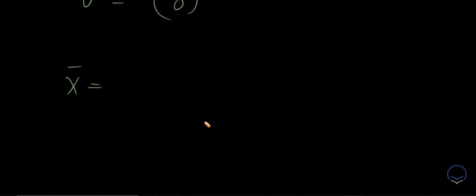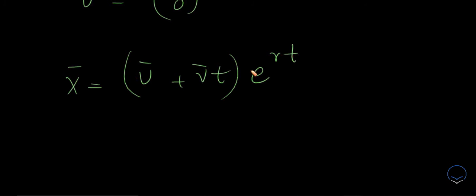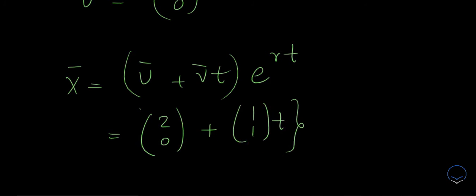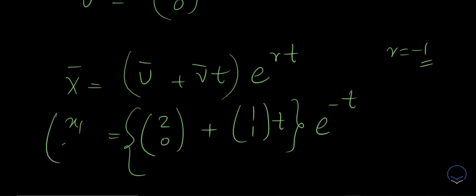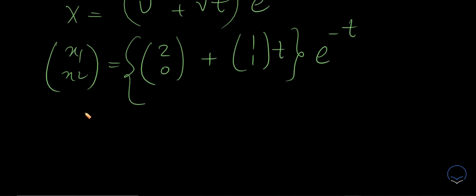So our x bar was just (u bar plus v bar t) e to the power rt. Now I'm just going to write u bar as (2, 0), and v as (1, 1) t, this whole thing multiplied with e to the power minus t, because r was equal to minus 1, and this will be x1 and x2. And now you can just do the matrix algebra and find the solutions for x1 and x2 individually.